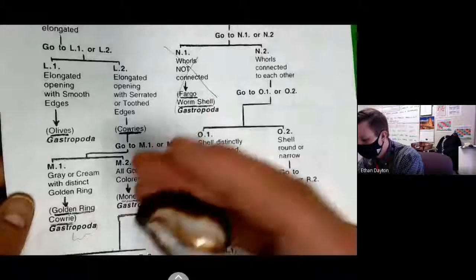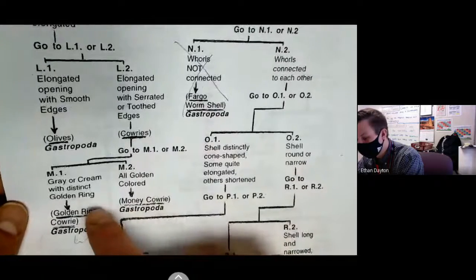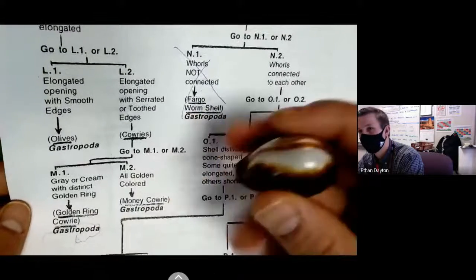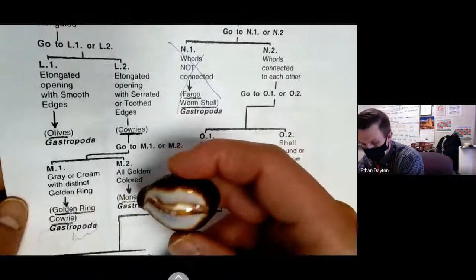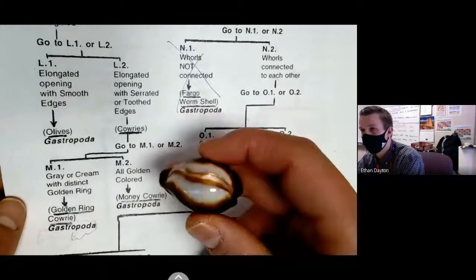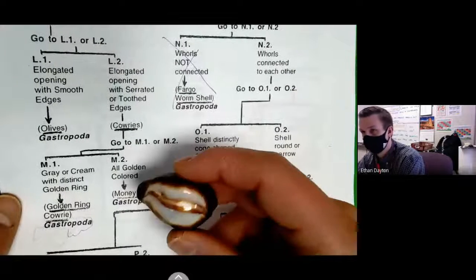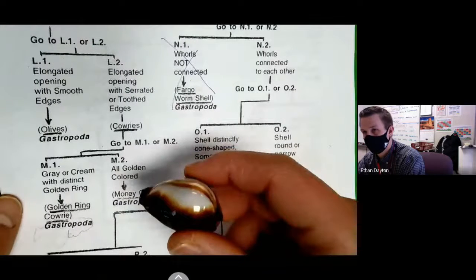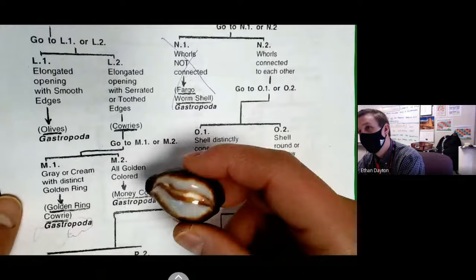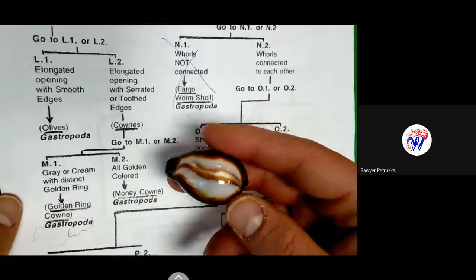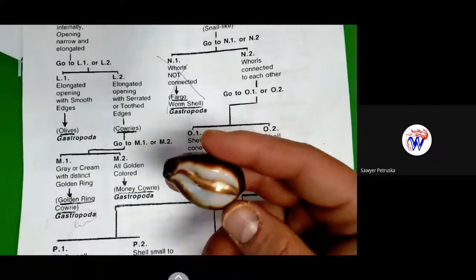All right, is it gray or cream with a distinct golden ring, or is it all golden colored? What do you think, Sawyer? I think it's the M1.